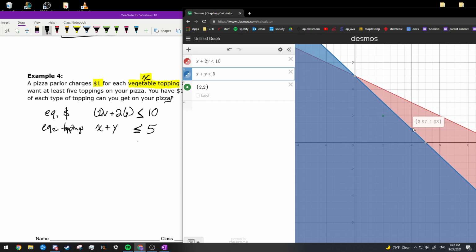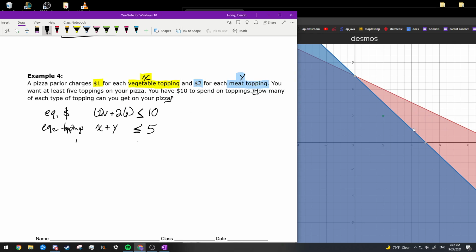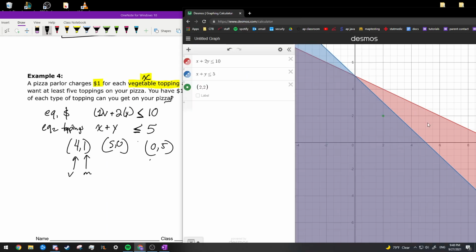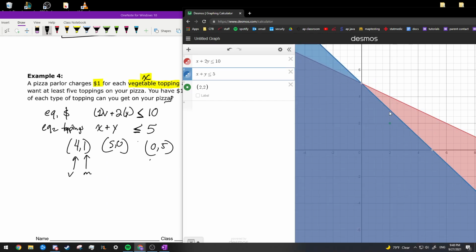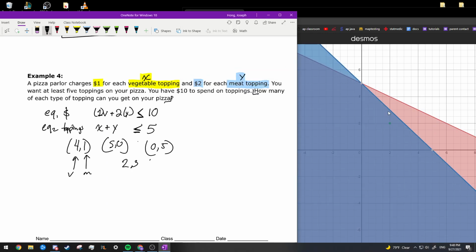So let's try to find some whole numbers. I can do 4, 1. Remember, the first is vegetable and the second is meat. I can do 5, 0. I can do 0, 5 right here. I can do 2, 3.